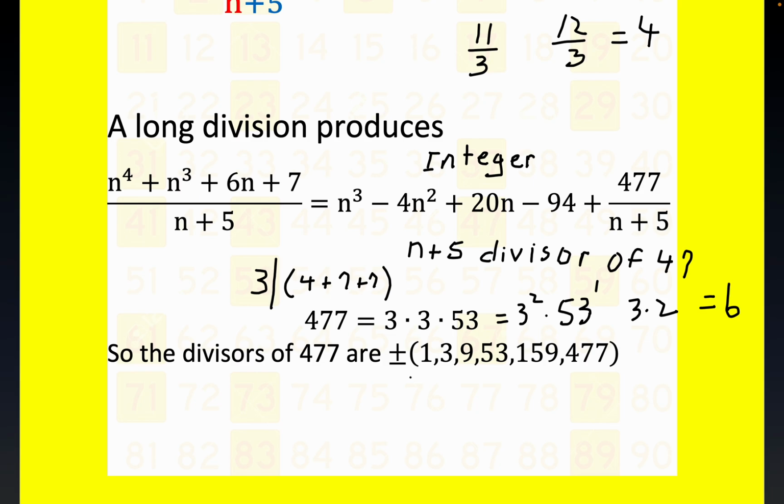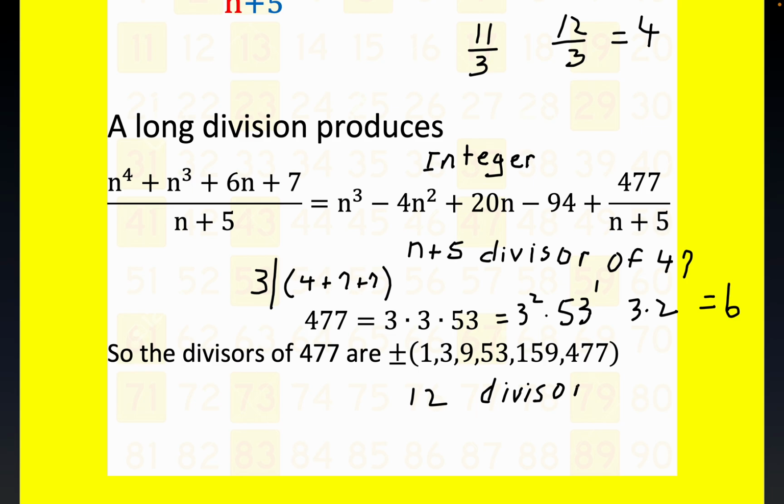So these are some of the divisors. Now notice that there are 12 divisors because a negative number is a divisor, 12 divided by -3 is -4. 12 divided by 3 is 4, right? So there's actually 12 divisors here. And that's actually the answer to our question, because all you have to do is set n+5 equal to all those divisors, right? And solve for n.